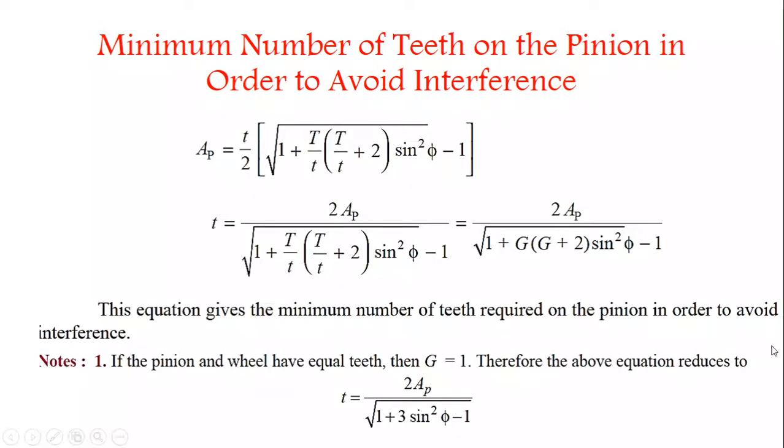Therefore, the above equation reduces: we apply the value of G as 1. So we get 1 plus 1 plus 2, that is 3, sine squared pi, minus 1. That means square root of 1 plus 3 sine squared pi minus 1.